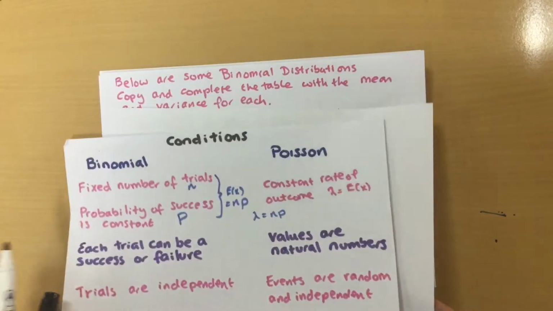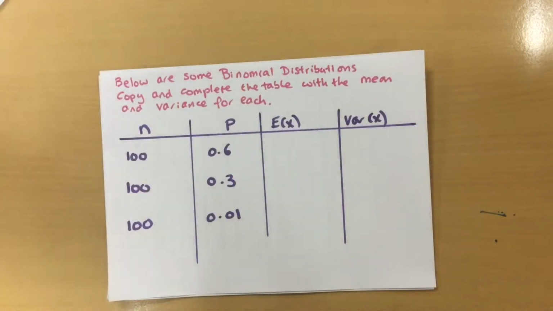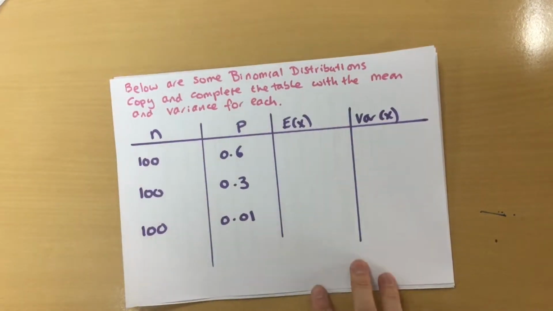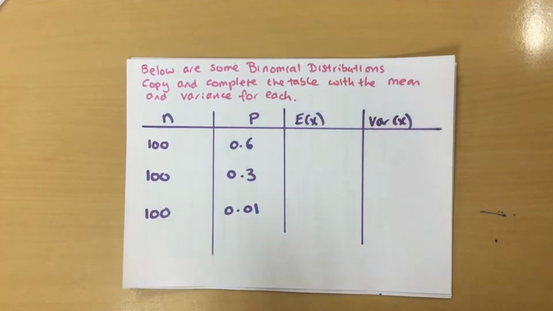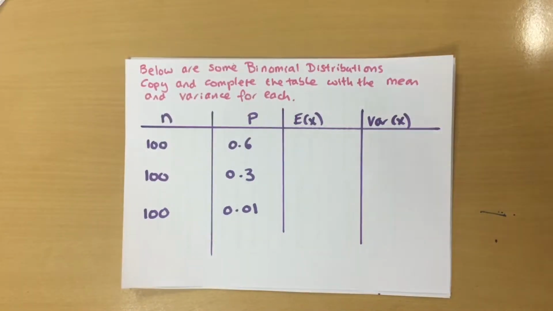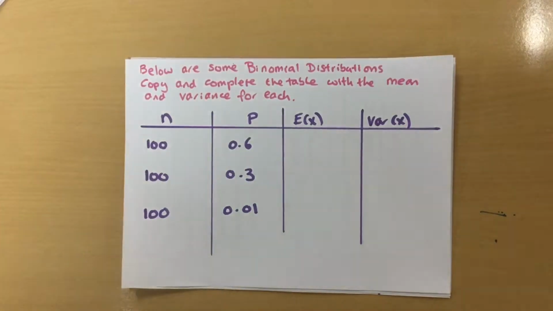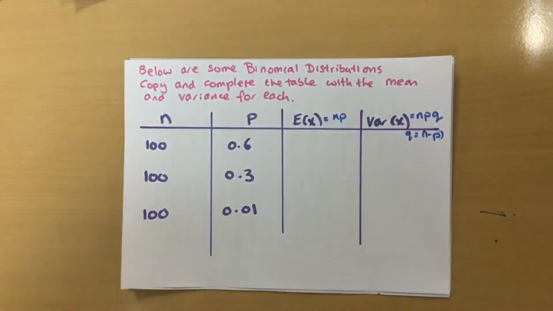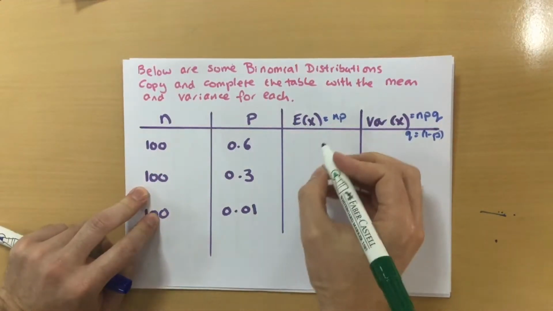And talking of particularly large n's, I have here a selection of binomial distributions. Each one has an n value of 100, which is quite large, and each one has a different probability. I want you now to copy this down and calculate our mean and variance for each one. So you should have got something a little like this.